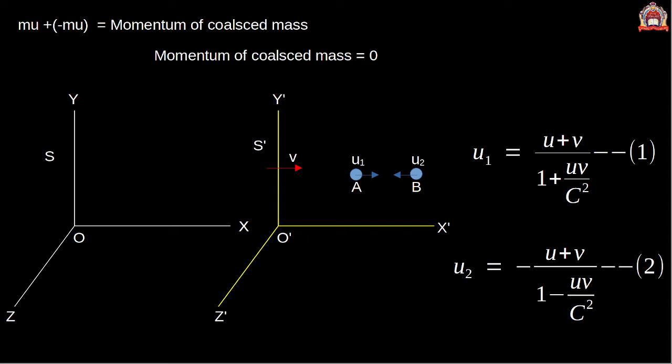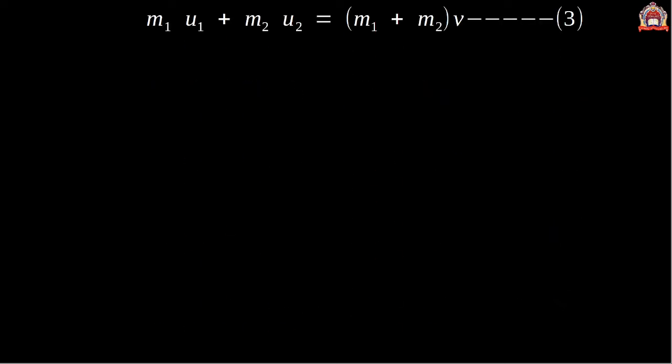Let the mass of ball A traveling with velocity u1 be m1 and that of B with velocity u2 be m2 in the frame S. So the total momentum of the balls is conserved. Therefore, we can write m1 u1 plus m2 u2 is equal to m1 plus m2 into v.